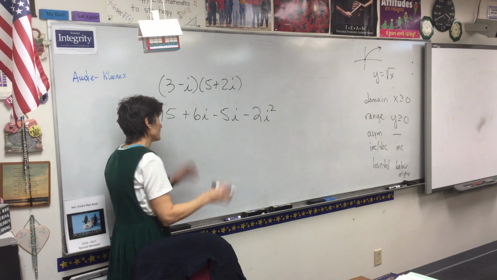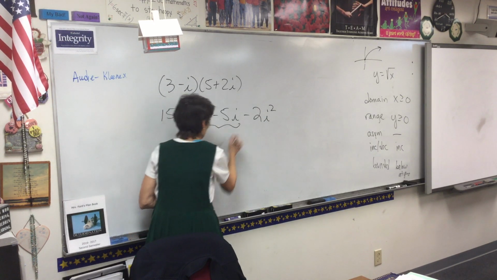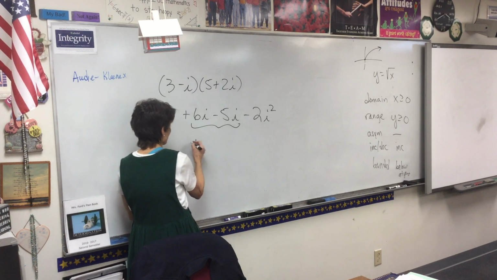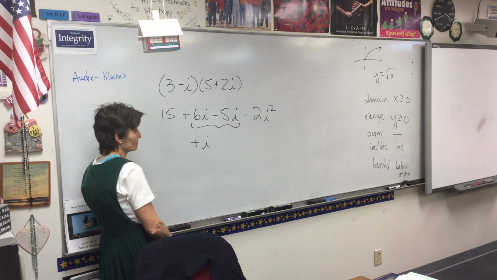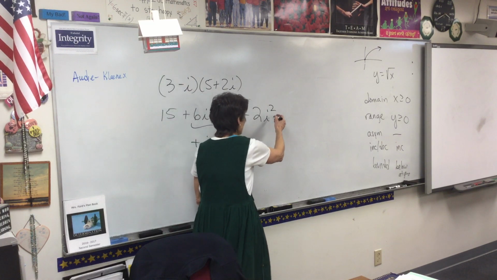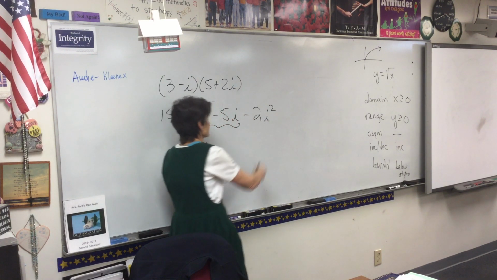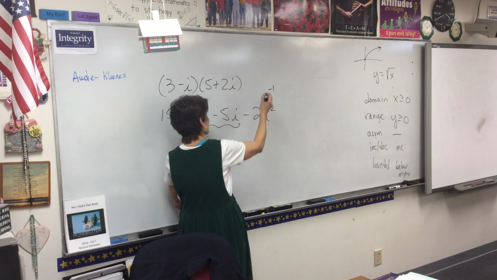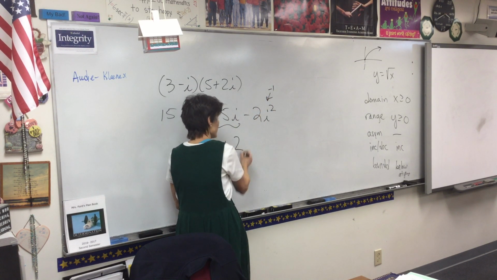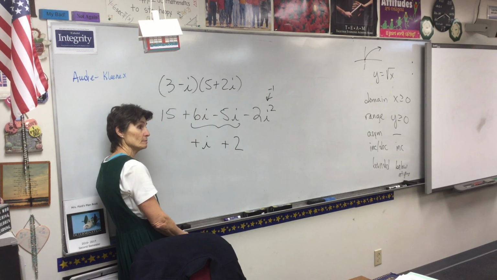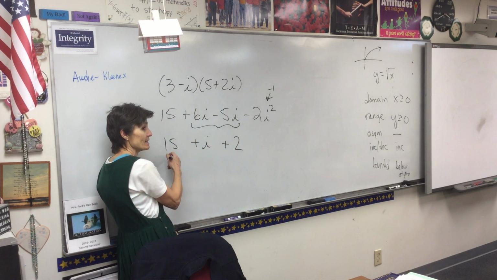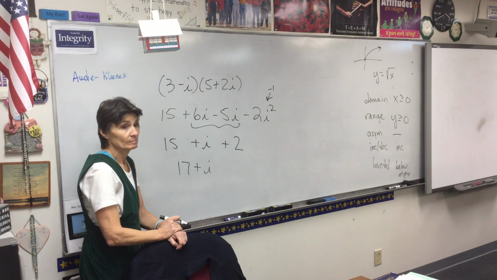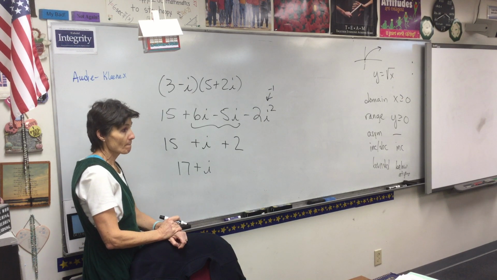Now, let's start cleaning things up. These guys are like terms, so they're going to add together and make 1i. i squared is -1. So this -2 times i squared is actually going to be +2. But I got a 15, so it's actually going to be 17 plus i. Right?